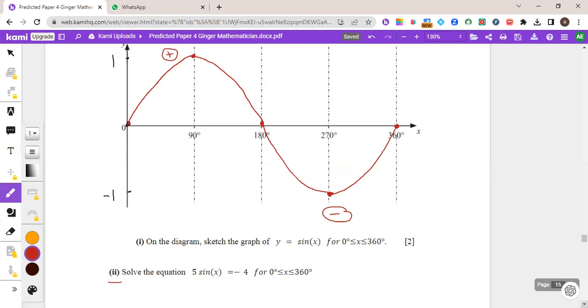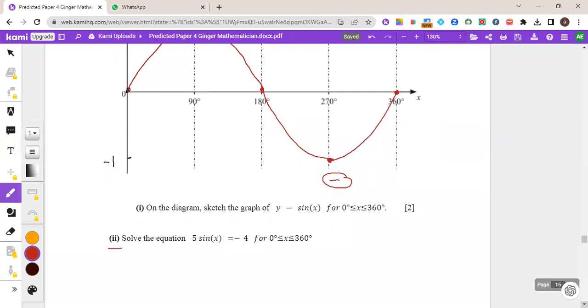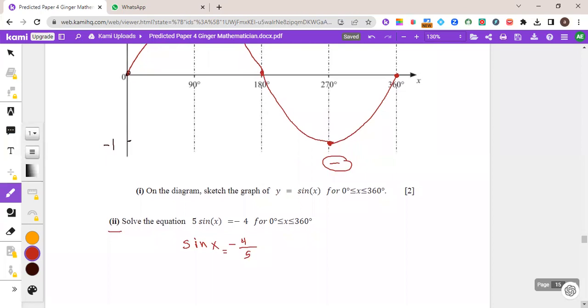Solve the equation 5 sine x equals negative 4. So divide over 5, over 5. So sine x is negative 4 over 5. Then sine inverse negative 4 over 5. It's negative 53.13.